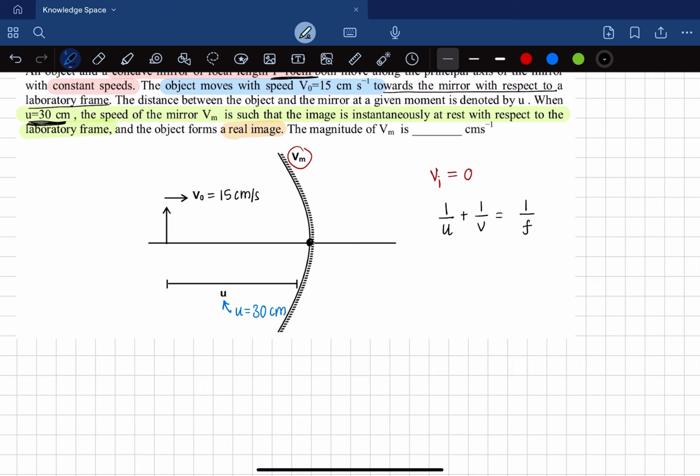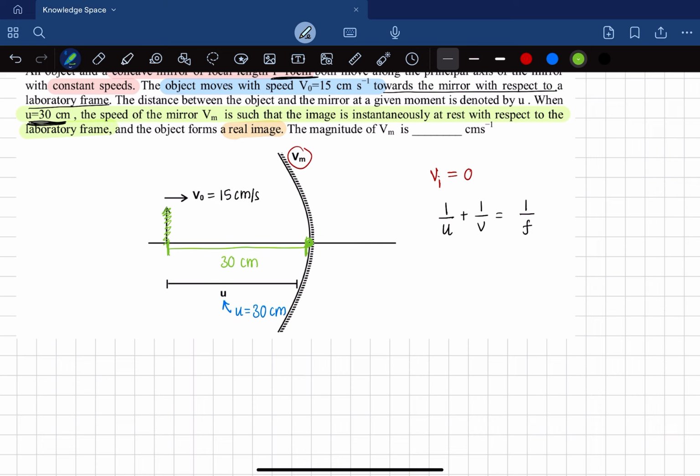Now, this is the pole of the mirror right here. And if we're considering the object to be here, this distance is what we need to find. This is what they gave as 30 centimeters.